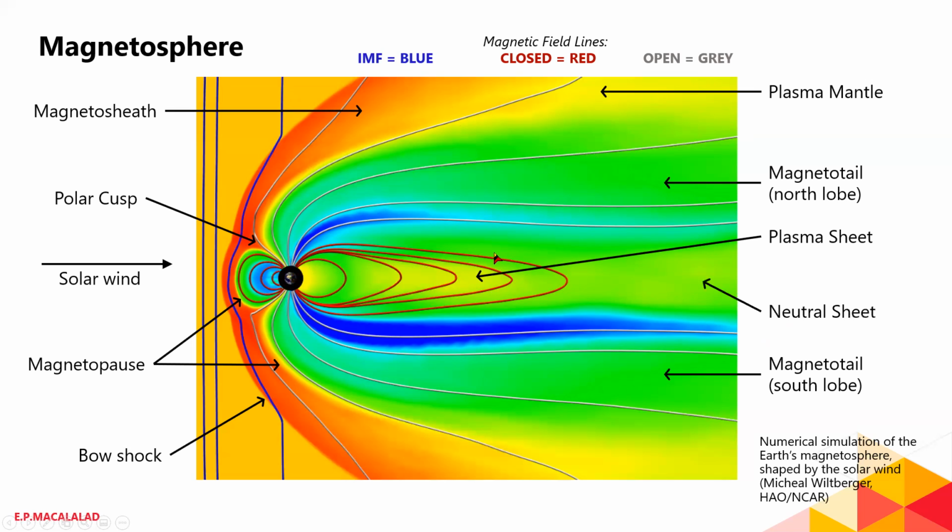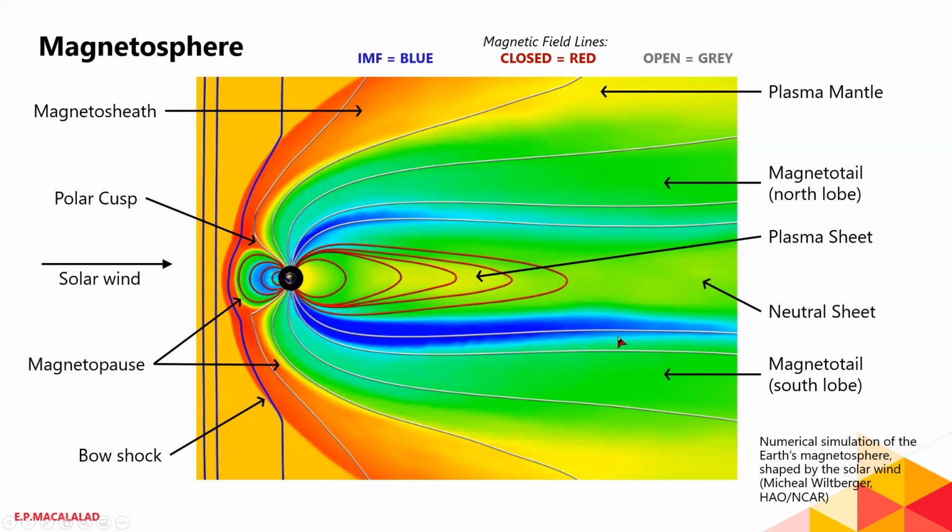Okay. Now we also have the neutral sheet. So the neutral sheet is formed due to the reversal of the magnetic field between the north and south lobes. So remember that the magnetic field in the north lobe of the magnetotail points, in this case, to the left, towards the magnetic pole here, the north geographic pole.